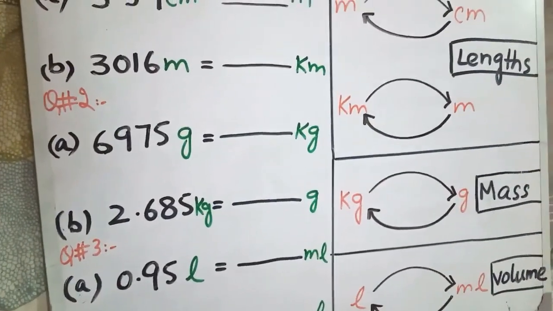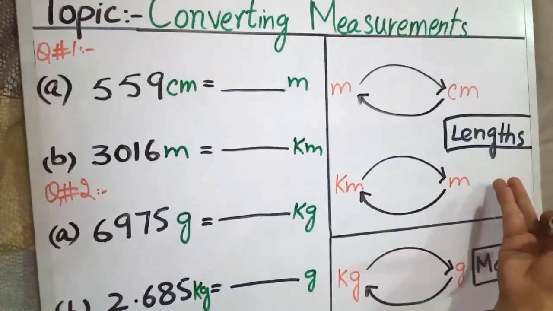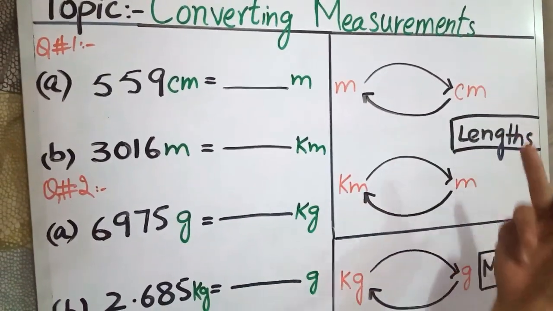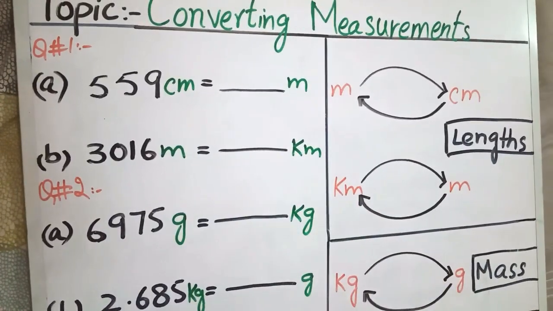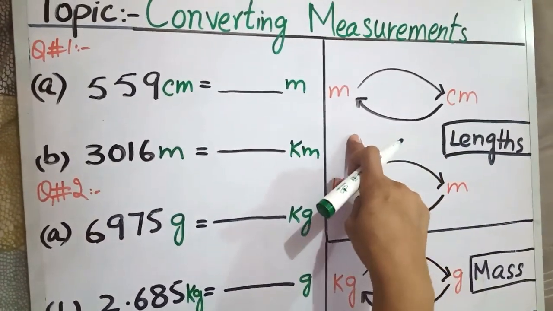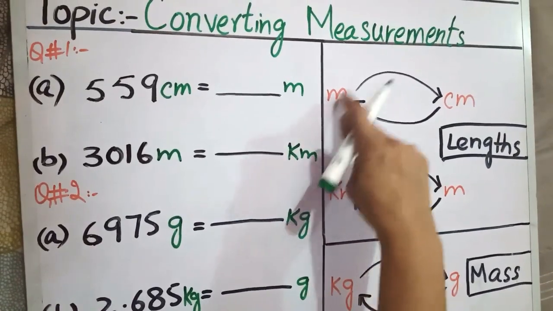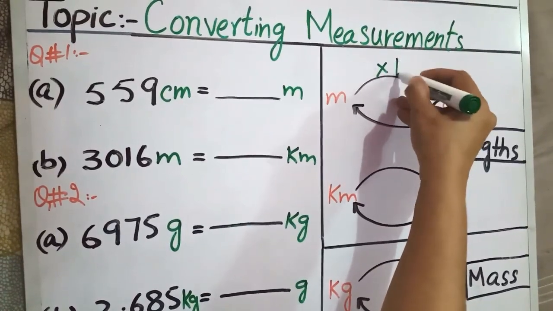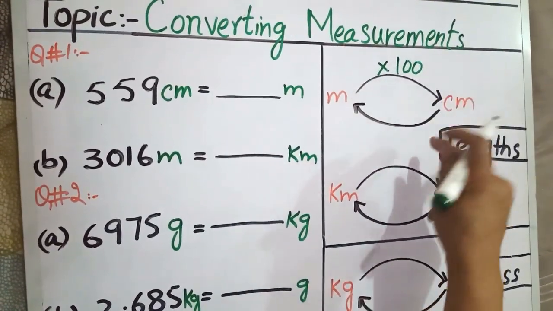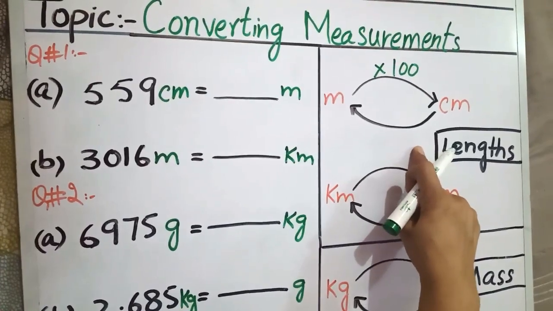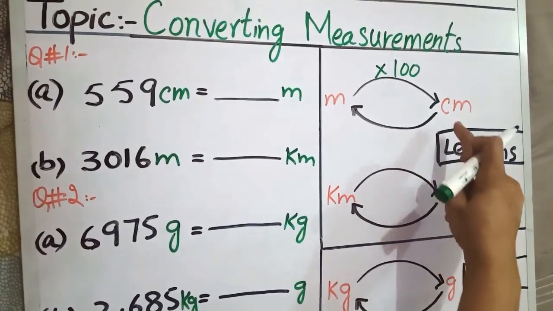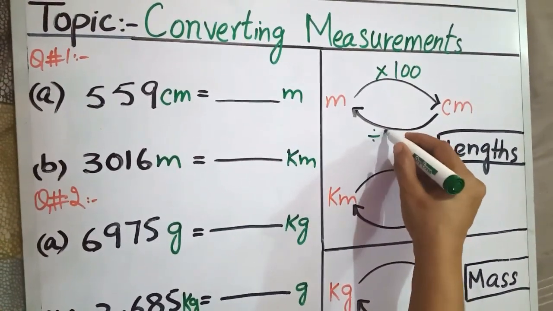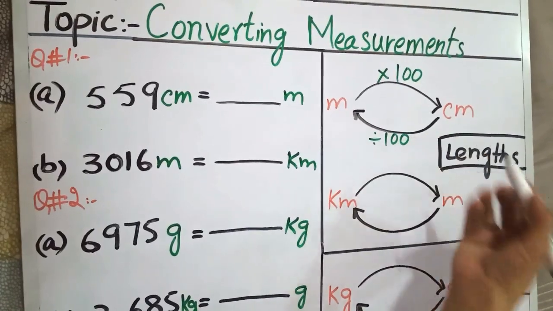First of all, in case of length we have meters, centimeters and kilometers. Whenever we convert meters to centimeters, we multiply the given number by 100. Whenever we convert from centimeter to meter, we divide the number by 100.